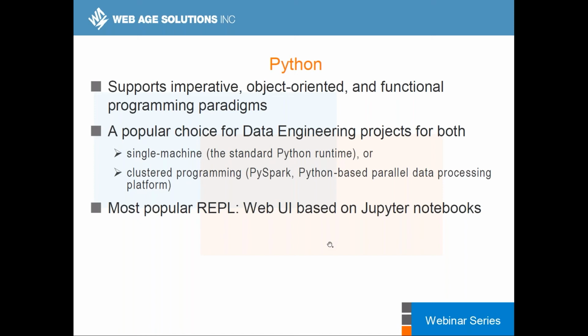And when you're stuck with that single machine, probably you will be experimenting with multiple threads. It's possible. Python supports multi-threaded processing through libraries, but you are better off to switch to clustered programming, where you would use the same, for the most part, 90%, maybe more, of the syntax of the language to process data on a cluster. Why is it possible?